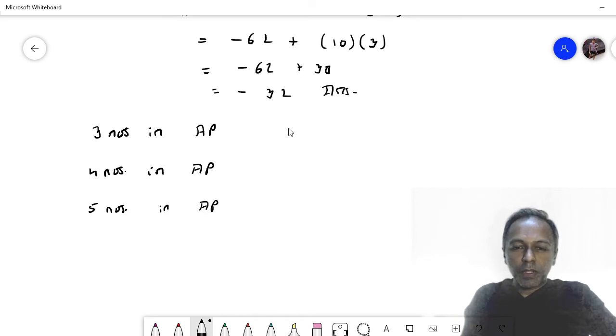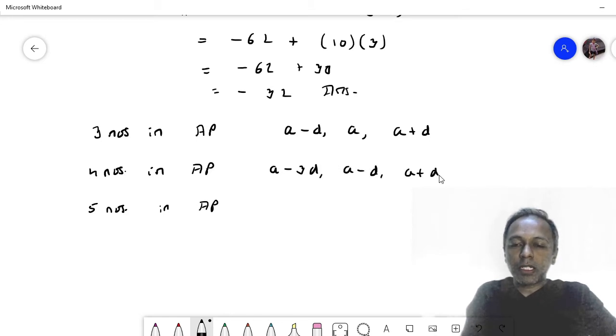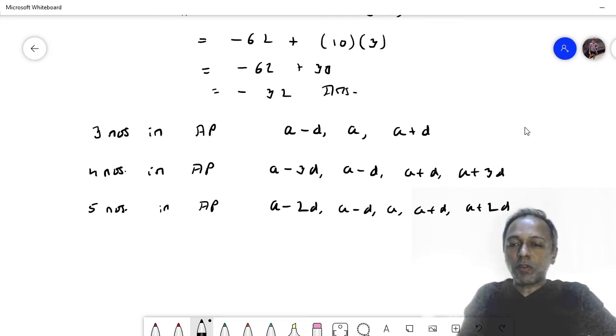For 3 numbers in AP, a student can for convenience assume them as A minus D, A, and A plus D. For 4 numbers in AP, you can take A minus 3D, A minus D, A plus D, and A plus 3D. And for 5 numbers, you can take A minus 2D, A minus D, A, A plus D, and A plus 2D.